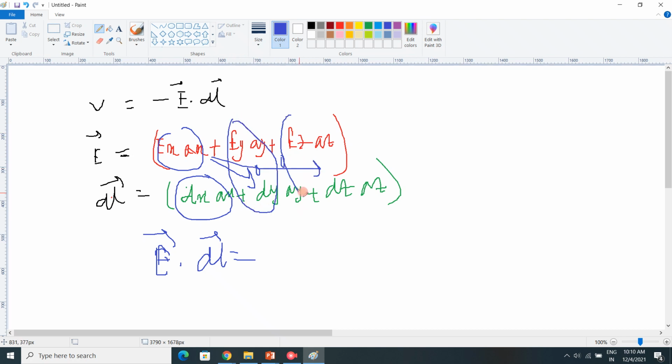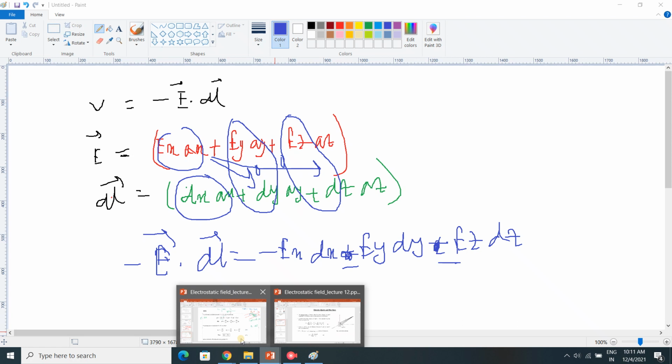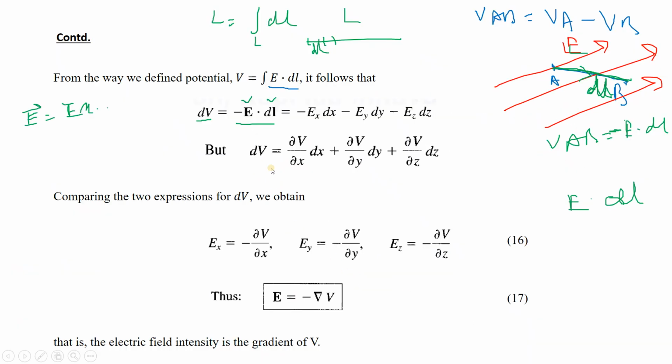Same for the other cross terms. So only the corresponding terms will be multiplied, and you will get Ex dx plus Ey dy plus Ez dz. With the minus sign, it is minus Ex dx minus Ey dy minus Ez dz, as written over here.